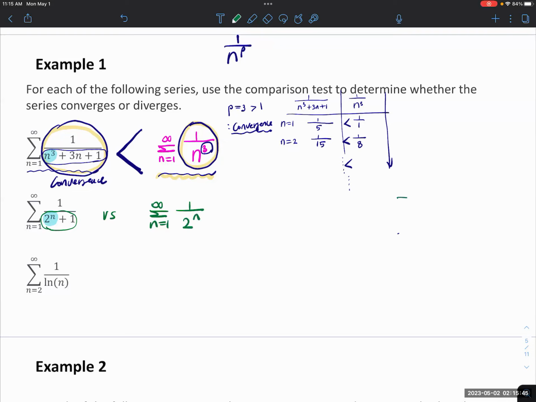So let's just create a table. 1/2 to the n plus 1, 1/2 to the n. Plugging in n equal to 1, I'm just looking for the relationship. Which one is larger and smaller? 2 to the second is 4, 2 to the third is 8, and so on.